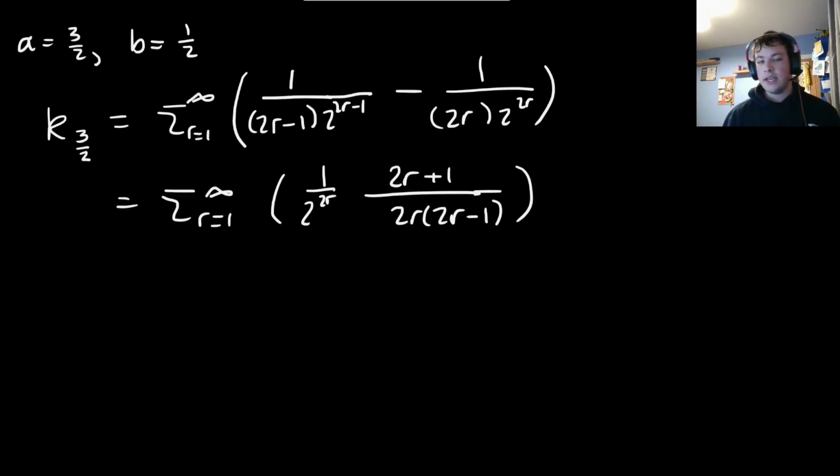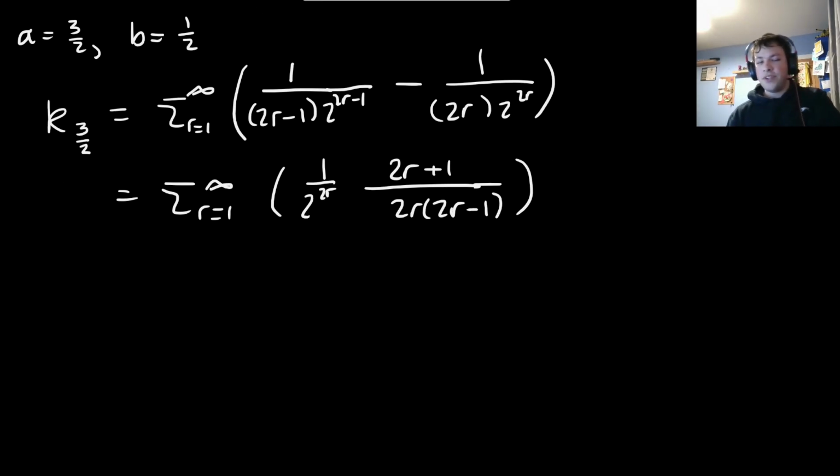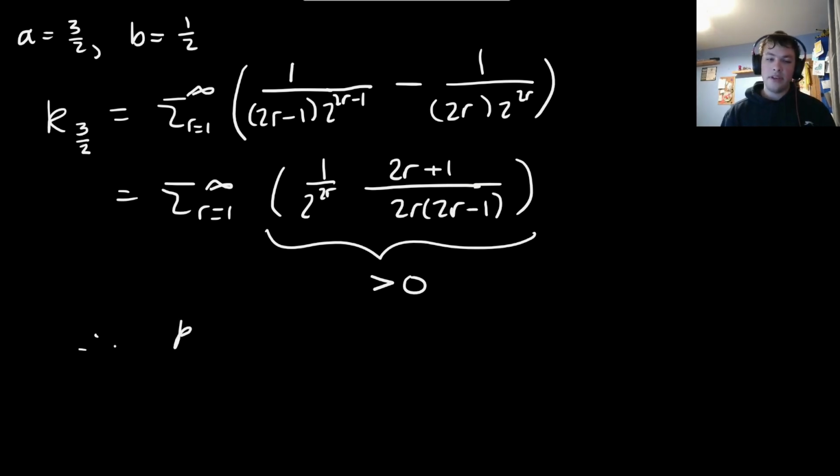And so we've got that it's an infinite sum, and each of the terms in the sum is greater than 0, and so therefore K3 over 2 is greater than 0.